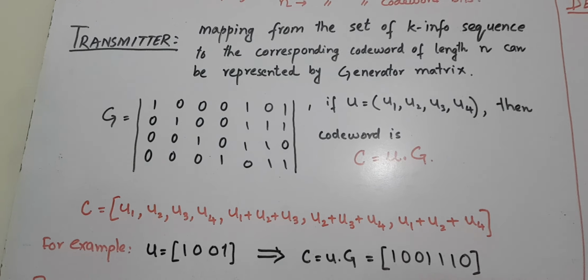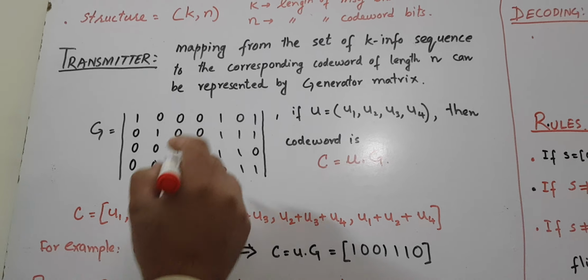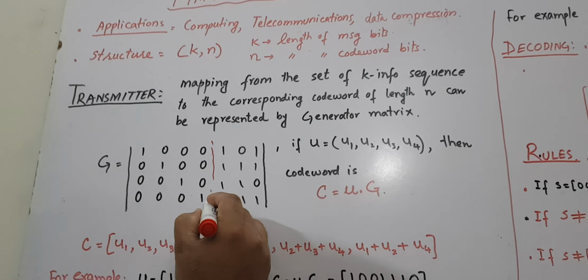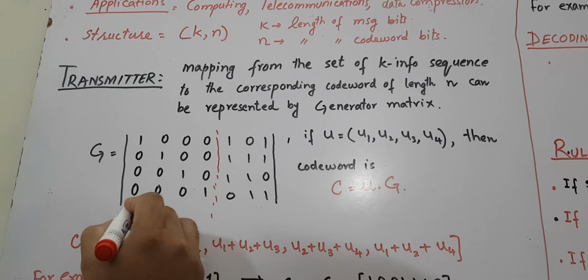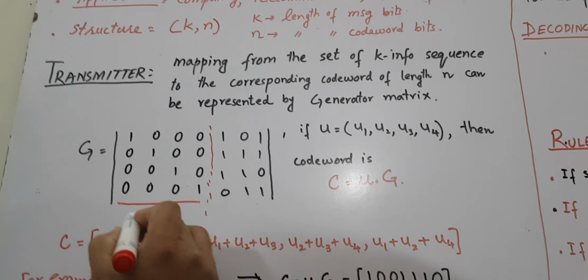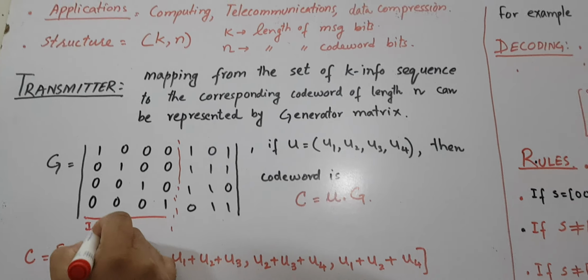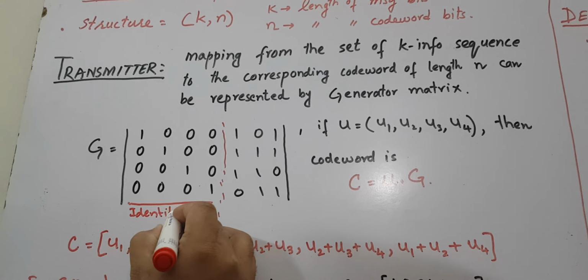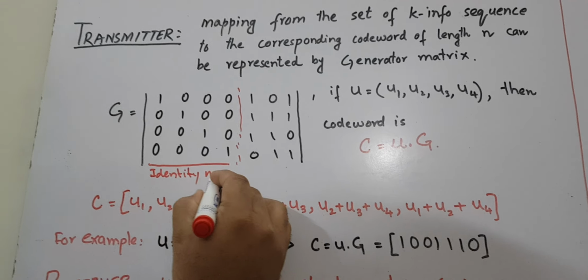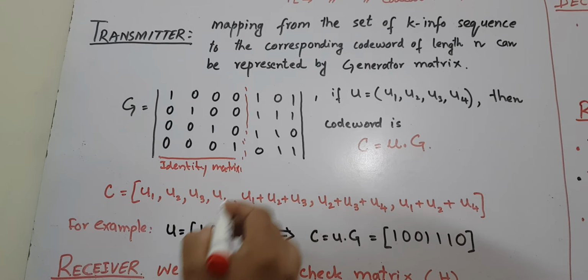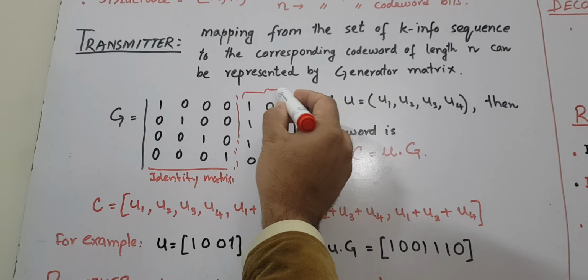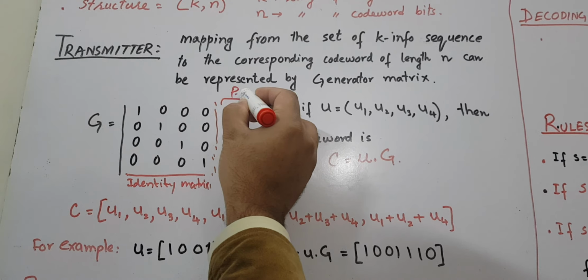If you see the structure of this generator matrix, you can say that it consists of two parts. The first part is the identity matrix, and the second part is the parity bits.